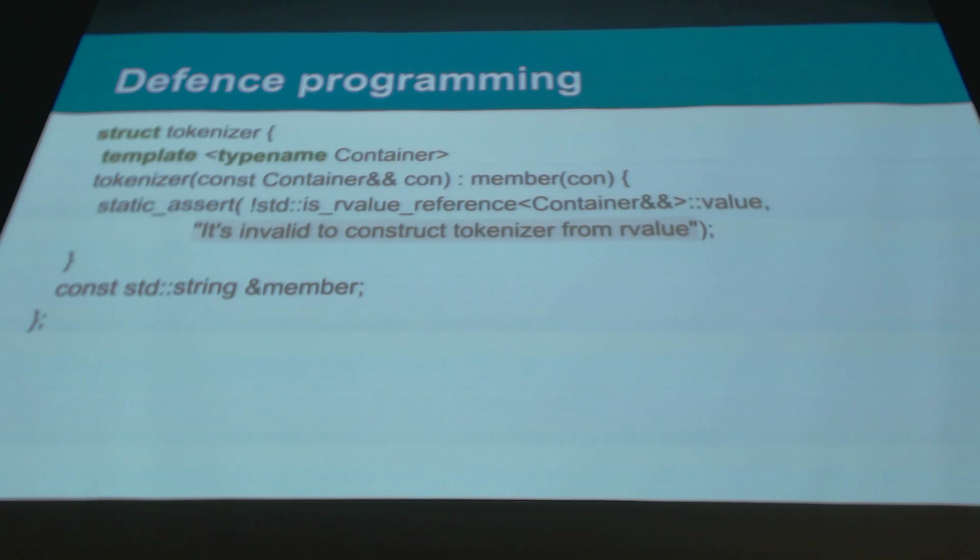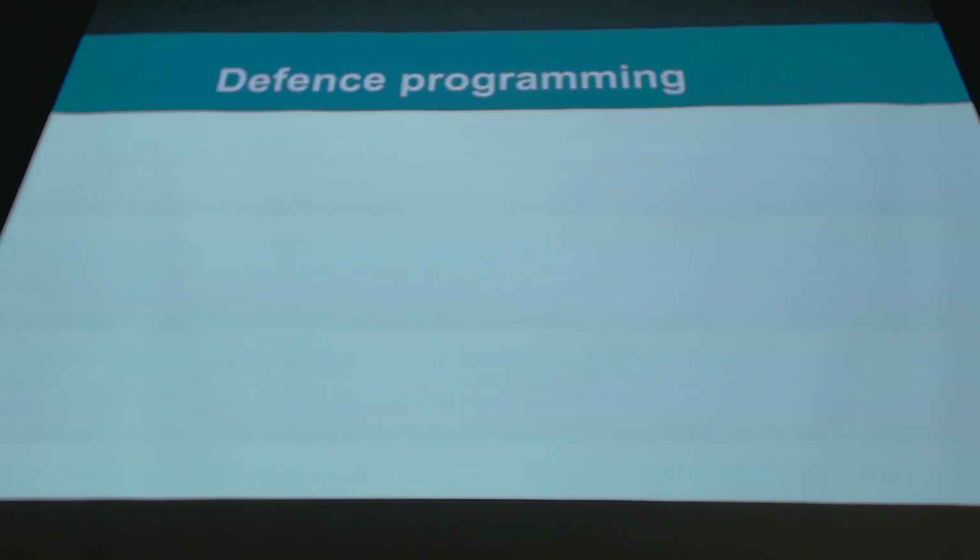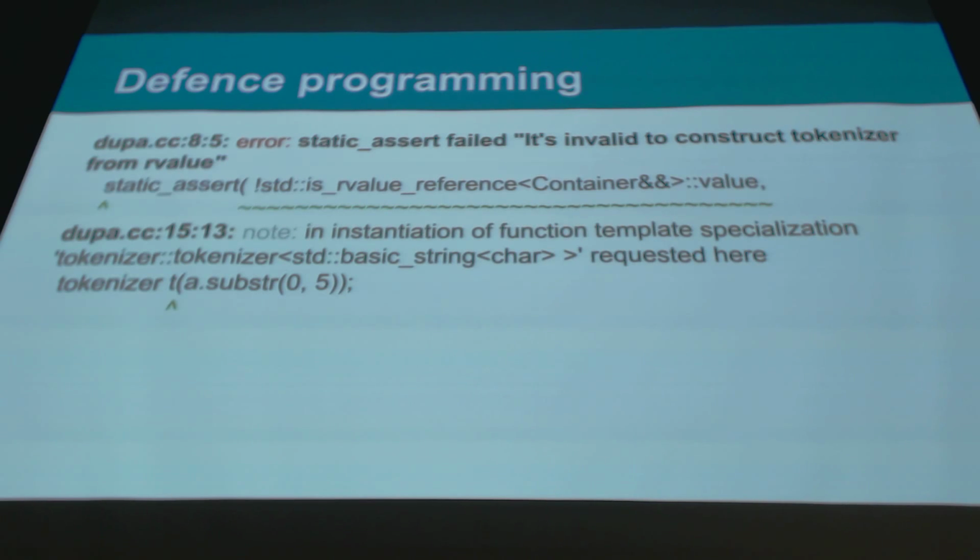and then we are using a type trait called std::is_rvalue_reference that will produce true or false at compile time, and then static_assert will see this true or false, and it will fail or it will not. And this will be the compiler output, which is very nice, right?